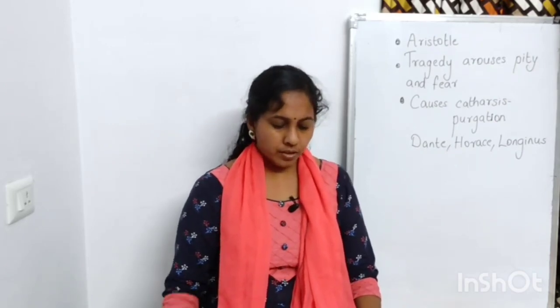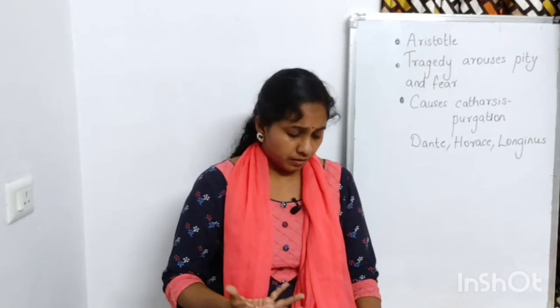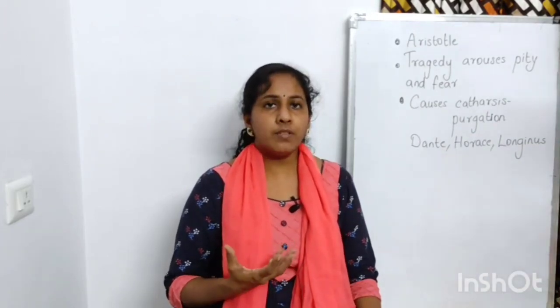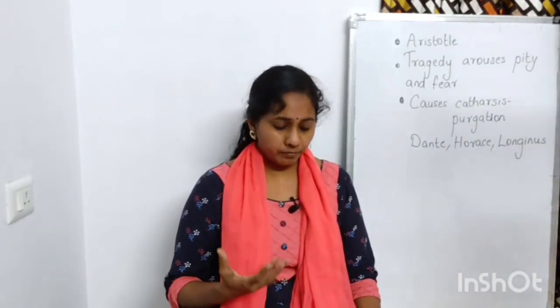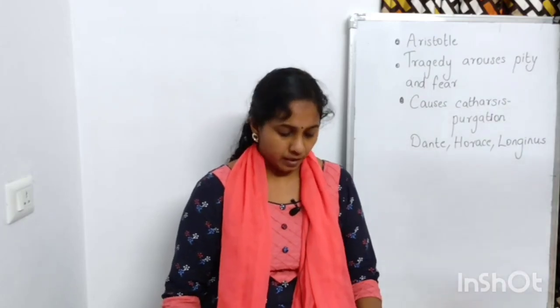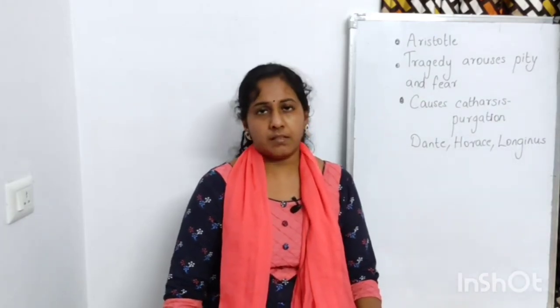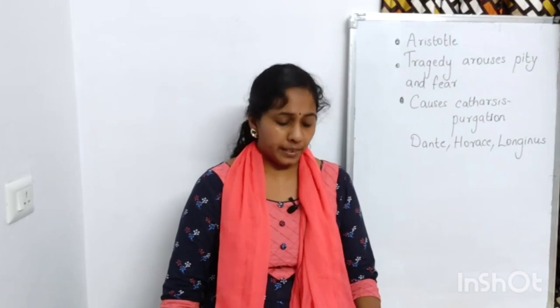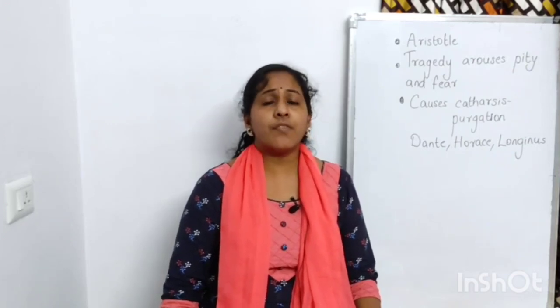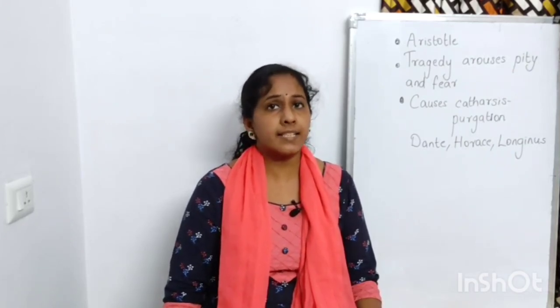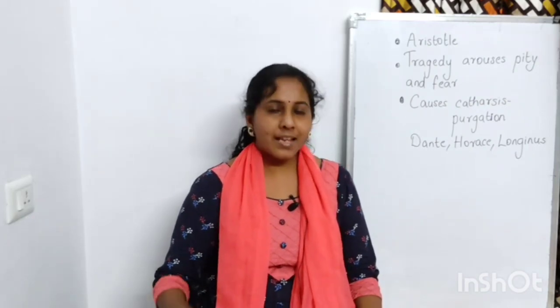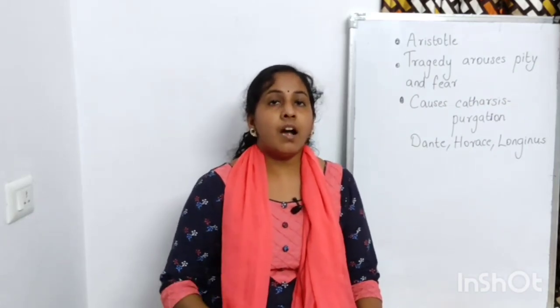So tragedy arouses pity and fear in the audience. So when you watch a drama or a play, this tragedy arouses pity, sympathy, and also fear, in the audience through the fate of its protagonist. Protagonist is the title character, the main character, and thereby causing catharsis in them.